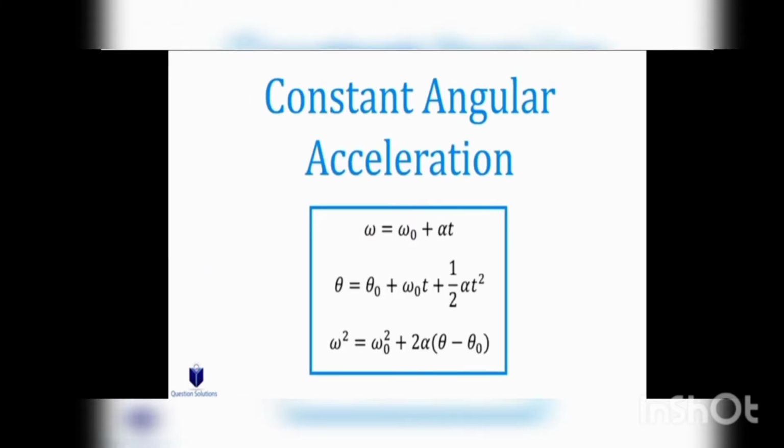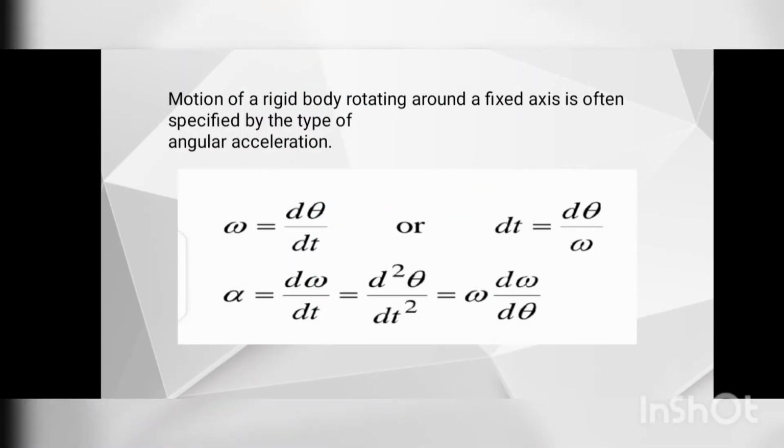Now, the motion of a rigid body rotating around a fixed axis is often specified by the type of angular acceleration. So we notice that the equation there involves angular velocity and angular position, angular acceleration rather.